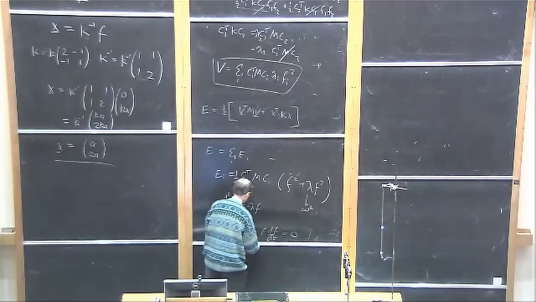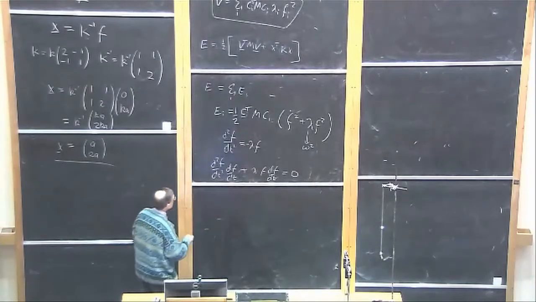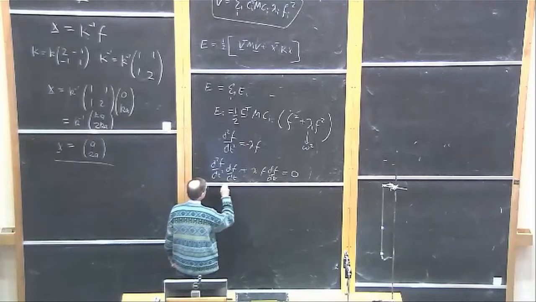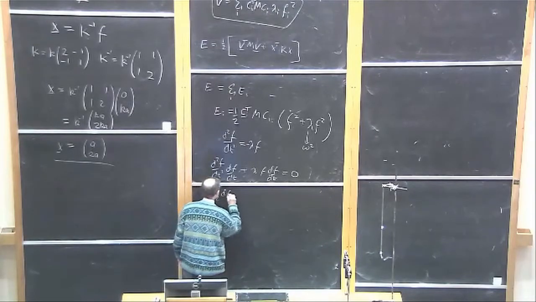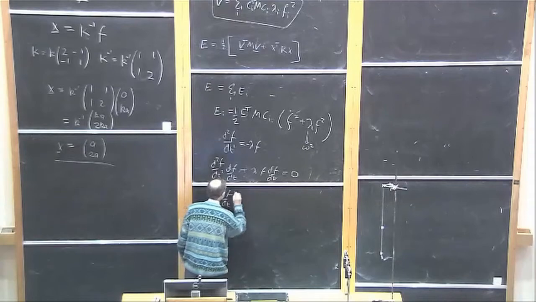Right, so this term here is the differential of a half df by dt squared.